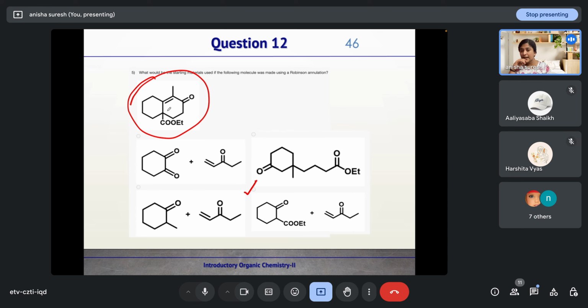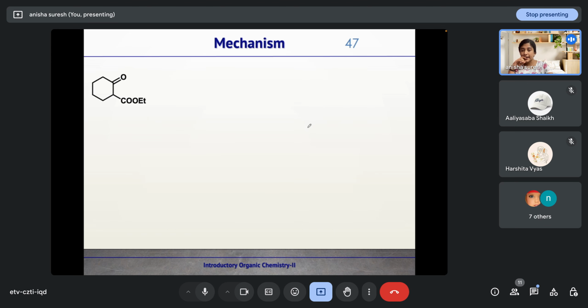Mainly we need to consider that if we cut at this position, we will get COOEt, and the other partner will be the alpha beta unsaturated coupling partner. So we will see the mechanism.